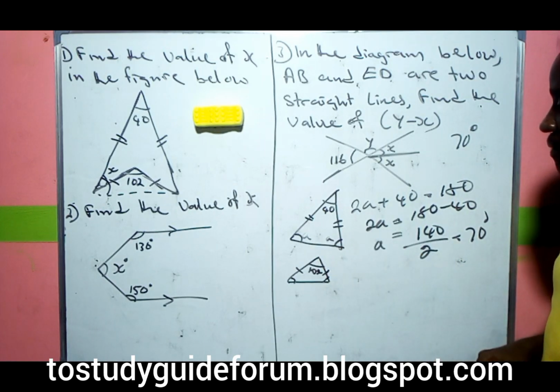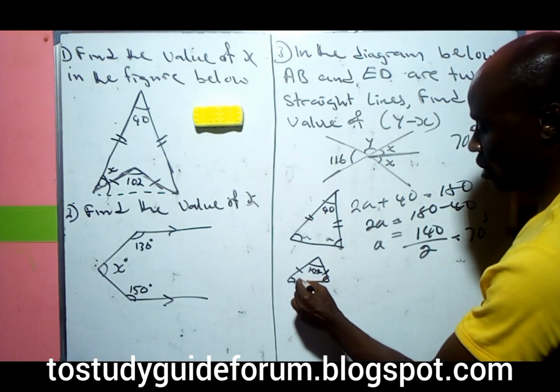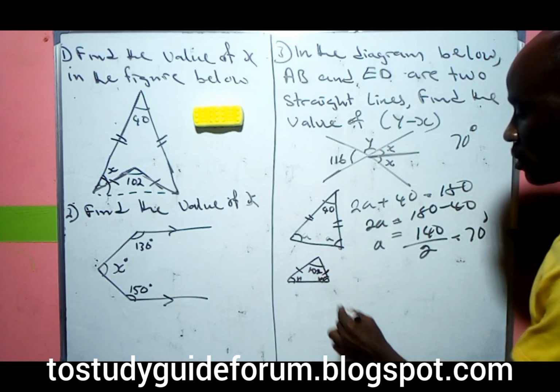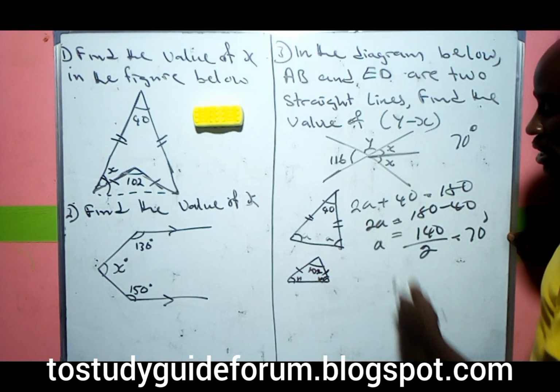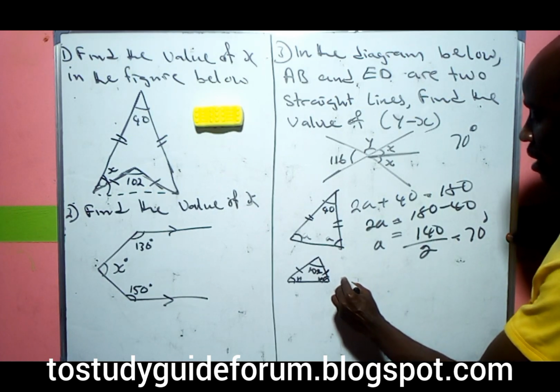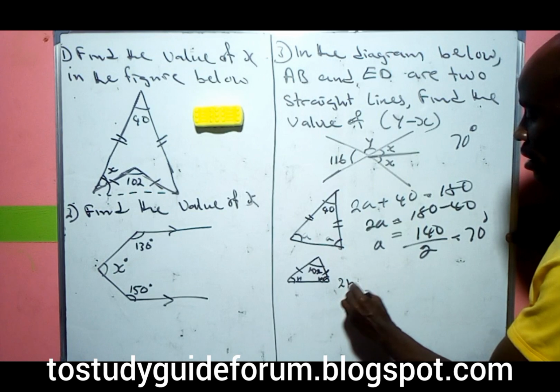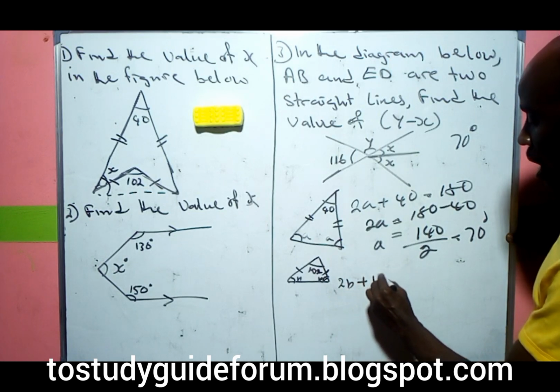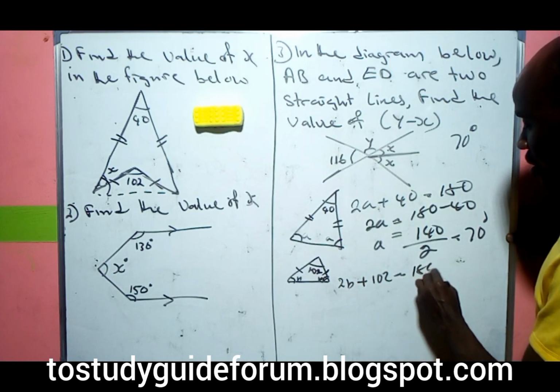Now we have the A. This other one we can also call B, and we know the same rule applies. We say that 2B plus 102 equals 180.